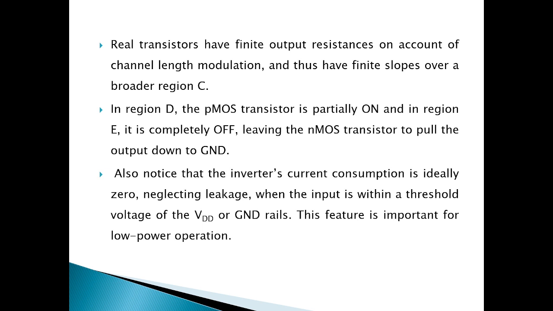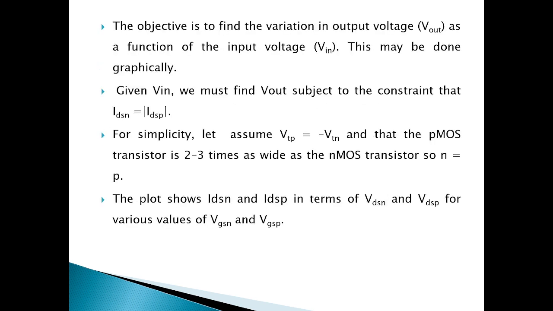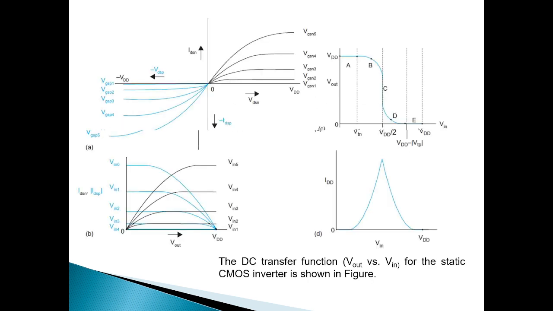Also, we know the ideal transistor will stay in region C. In graph C, you see the ideal region. Real transistors have finite output resistance on account of channel length modulation and thus have finite slopes over a broader region C. Ideal is one condition, but really we have a slope.